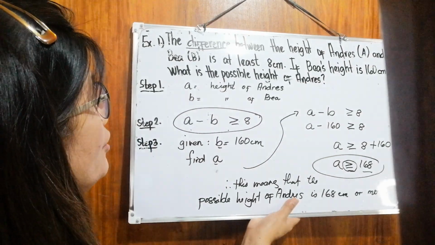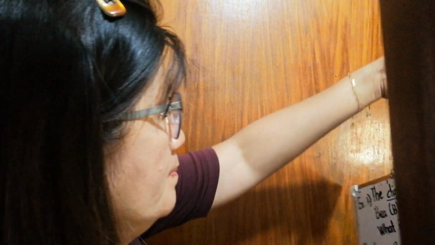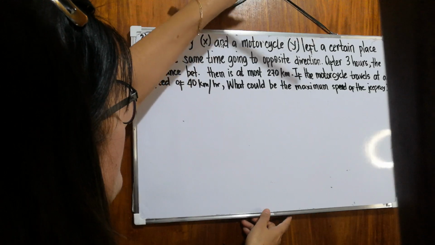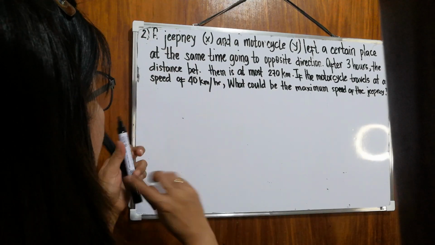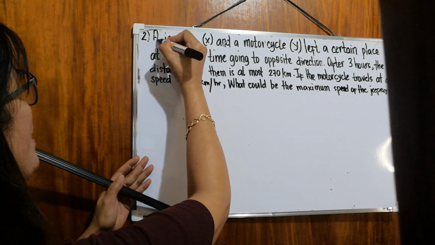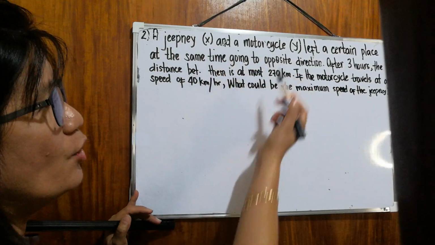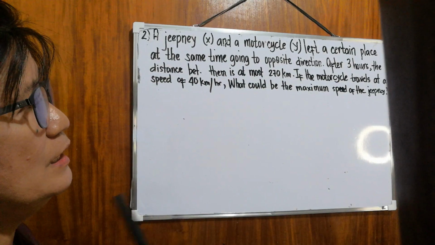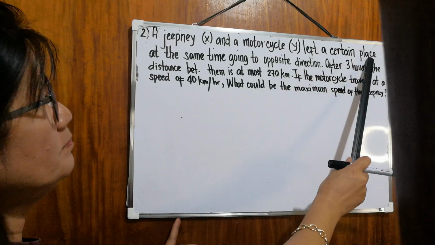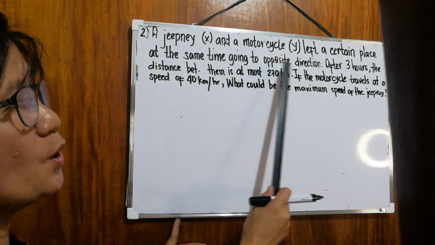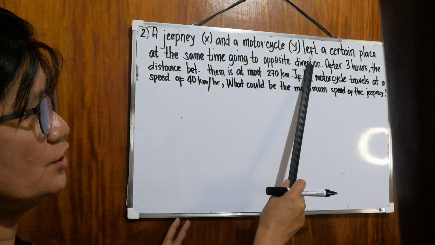Okay, let's take another example. Okay, number 2. A jeepney and a motorcycle left a certain place at the same time going to opposite direction.